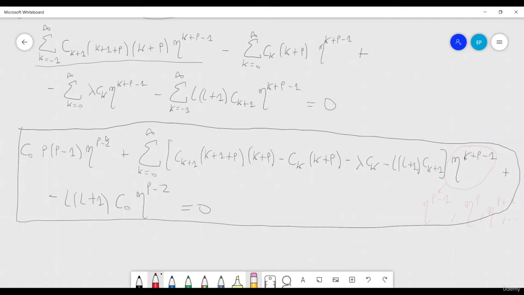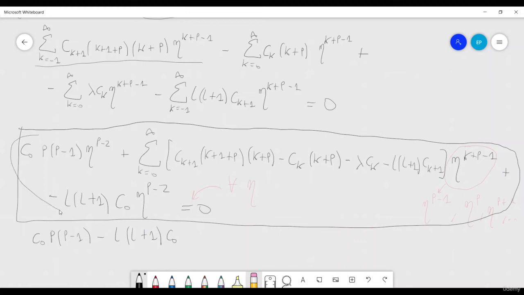And we have to set all those coefficients equal to 0, because this equation here should hold for every eta. Okay, it holds for every value of eta. Therefore, we have to set these coefficients here equal to 0. Okay, so the first coefficient that should be set equal to 0 is C0 times p times p minus 1 minus L times L plus 1 times C0.